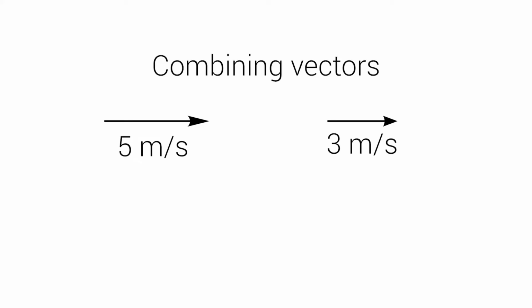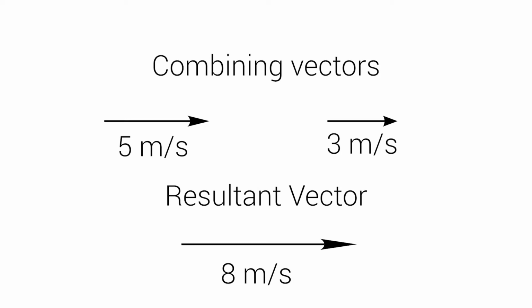For example, I've got 5 meters per second as a velocity towards the right. Then I also have 3 meters per second as another velocity towards the right. If I want to add these together, I would get 8 meters per second as a velocity to the right. Now, if you look at the arrows, the 5 meters per second arrow is greater or bigger than the 3 meters per second arrow, because when we represent vectors in terms of arrows, then the size of the arrow determines the magnitude.